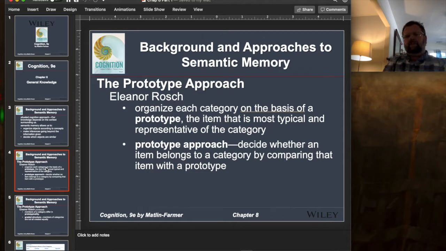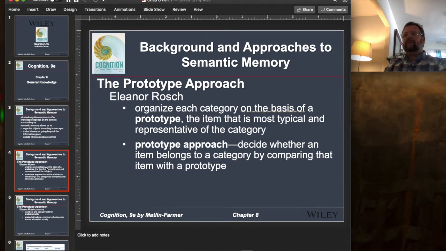Obviously the prototype is going to be really connected to things that we know, but the prototype approach is slightly different from something we'll look at a little bit later, which is the exemplar approach. In the exemplar approach, contrasting with the prototype approach, we have a specific thing in mind in the real world.